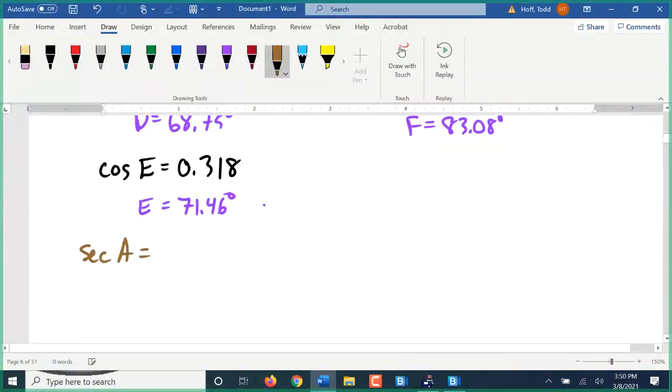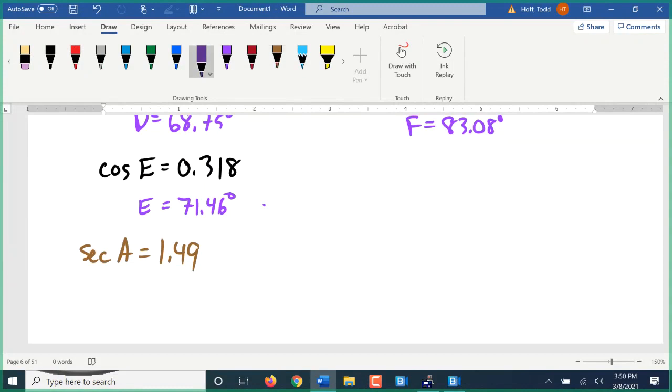If I tell you the secant of angle A is 1.49, let's again draw a parallel here with our equations. If I have 3x minus 5 equals 7, how would I solve that equation?